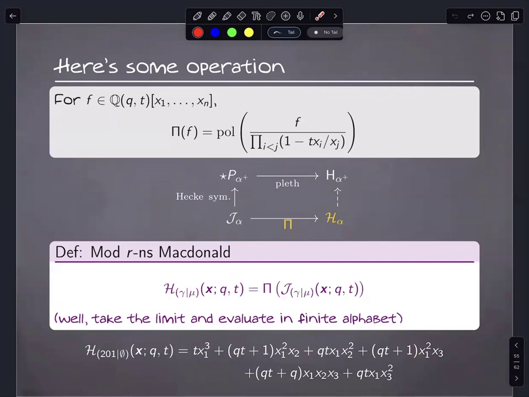And so we define the image of one of these R non-symmetric Macdonald polynomials to be a modified R non-symmetric Macdonald. We call it modern just because it's an acronym: modified R non-symmetric, a modern Macdonald. And you see that it's positive here.